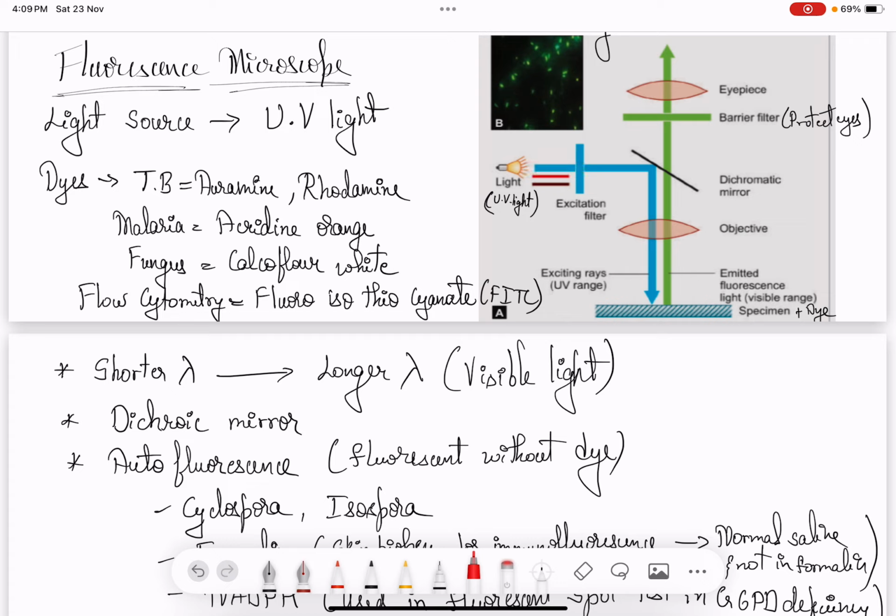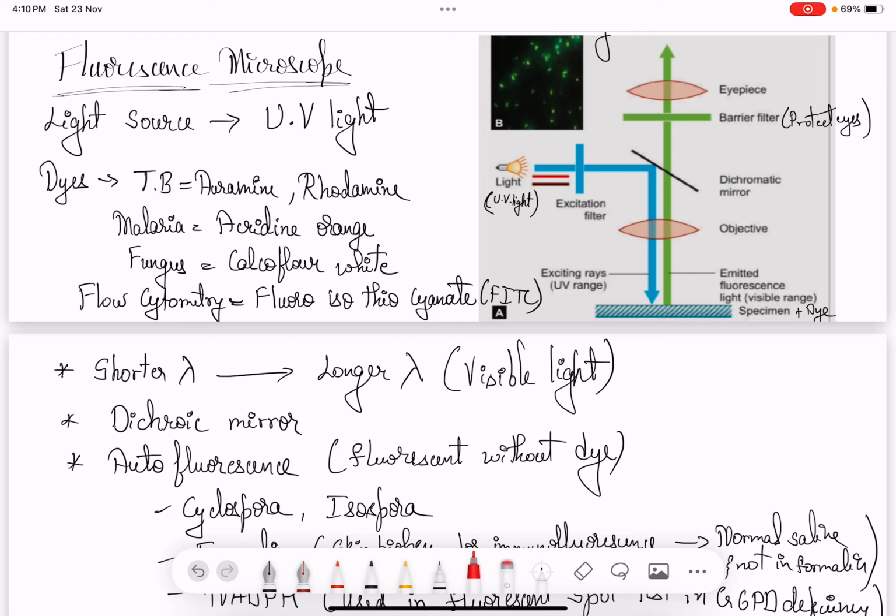From the light source, it will only allow shorter wavelength light rays to pass through the excitation filter. So that will come like this. All the shorter wavelength light rays will come this side. From there will be the dichromatic mirror. This is the dichromatic mirror.